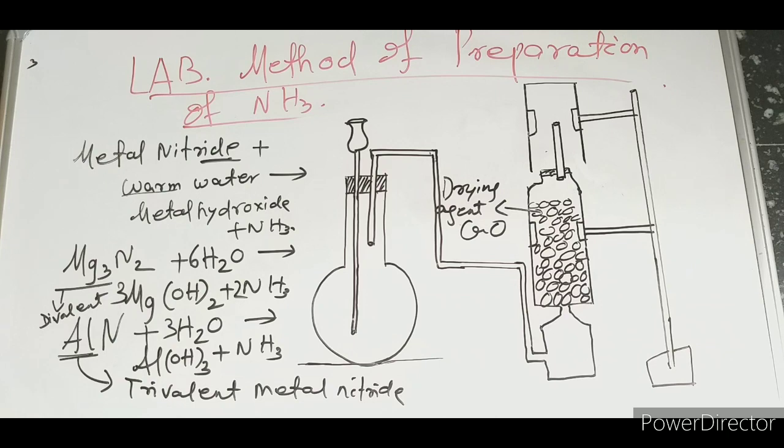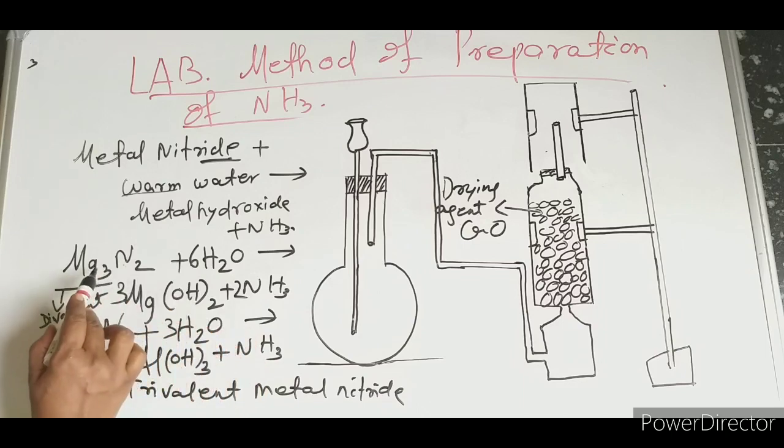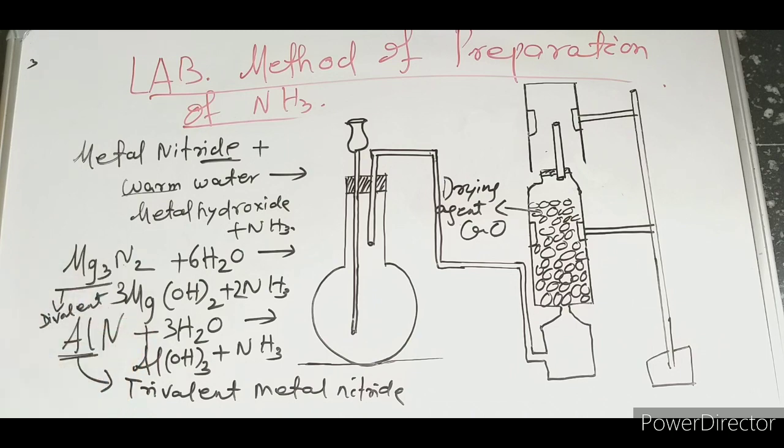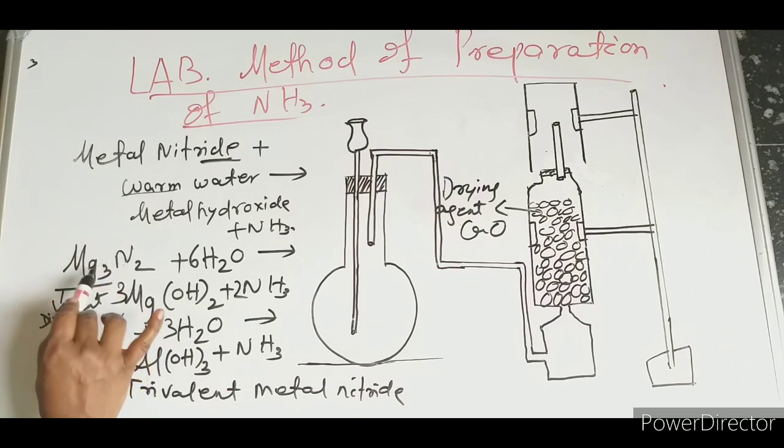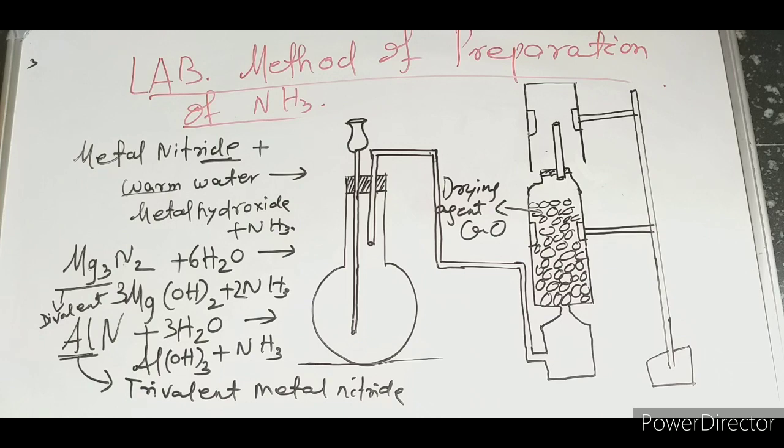Another type is also there: magnesium burns in the atmosphere of nitrogen. The question will be, write the balanced chemical equation when magnesium burns in an atmosphere of nitrogen and warm water is added to the product. Name the gas evolved. When magnesium reacts with nitrogen, magnesium nitride is formed.